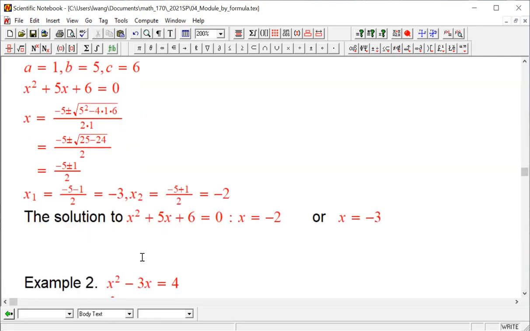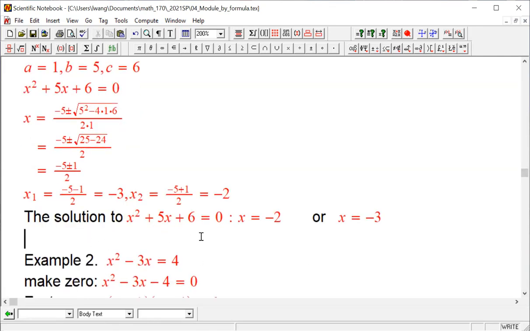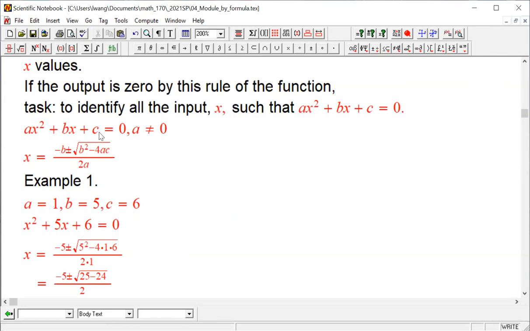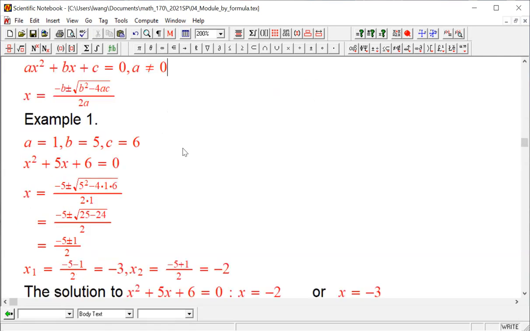So substituting the equation. Now, what if you have an equation that is not ax squared plus bx plus c equal to 0? What if it's not equal to 0? Well, then you're going to make it equal to 0.